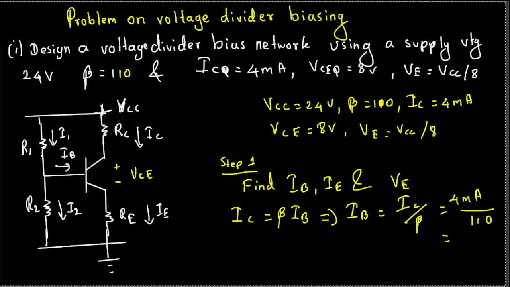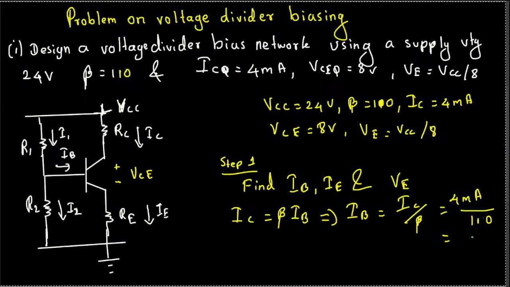If it's 100, 4 milliamp divided by 100 is 0.04 milliamp. In powers of ten, 10 to the power of minus 3 is milli, and dividing by 100 gives 10 to the power of minus 2 on top, so that is 4 times 10 to the power of minus 5, which is 40 microampere if it's just 100.